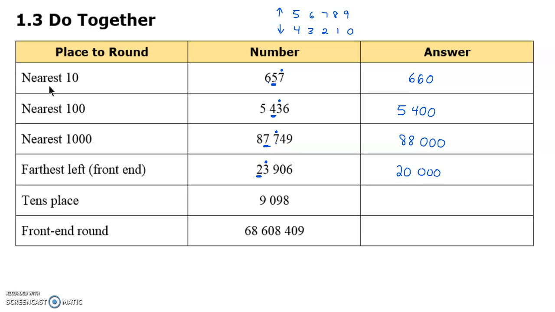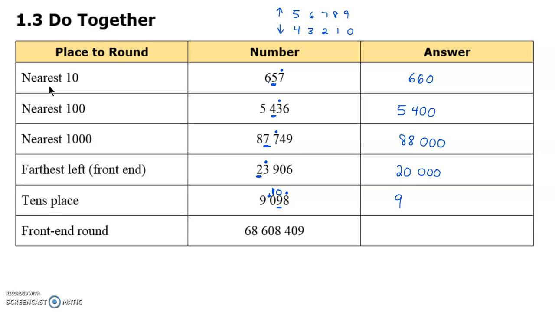Couple more, tens place. That's right here. Now, what are we going to do here? We've got an 8. That's going to push the 9 up. That 9 is going to become a 10. So what we do is we carry the 1 over and we add it to the digit next door. So this 9,000 stays the same.